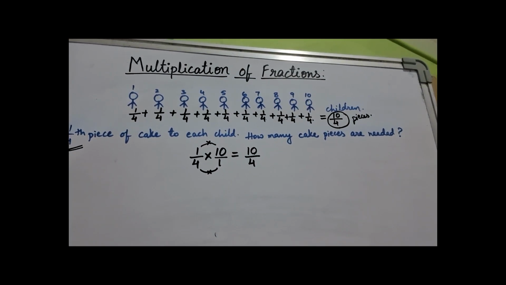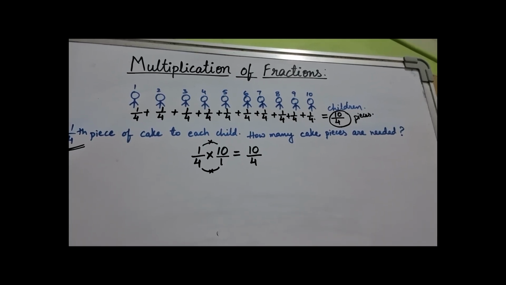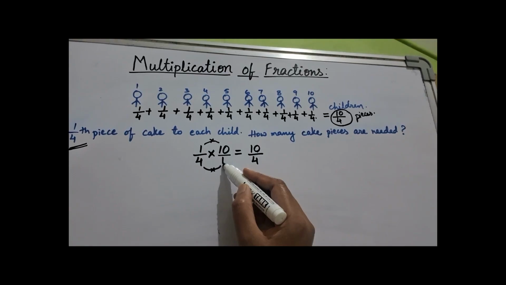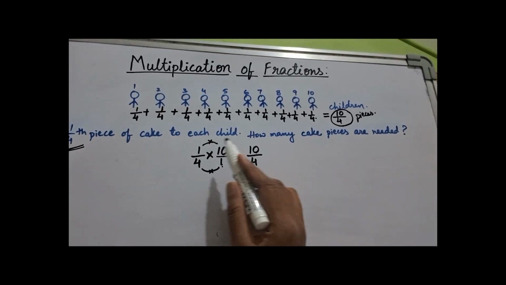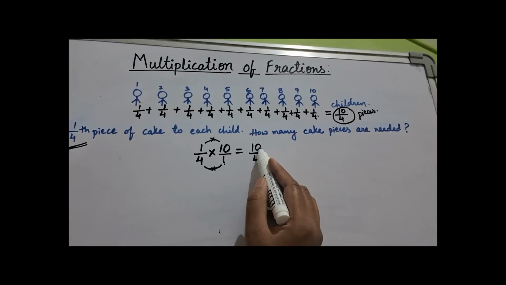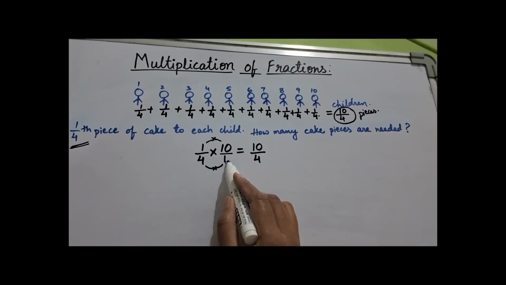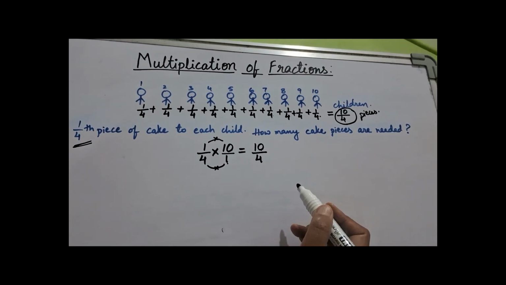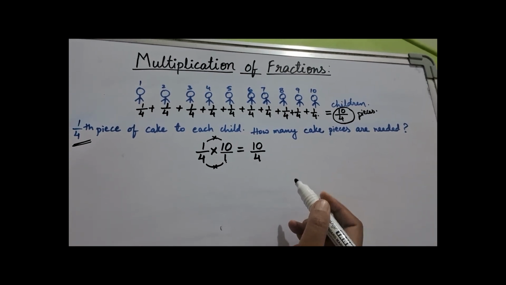Okay children, so by this what we can understand is the multiplication of two fractions can be done by multiplying the numerator and numerator, writing in the numerator place, and denominator and denominator also you need to multiply and write in the denominator place.